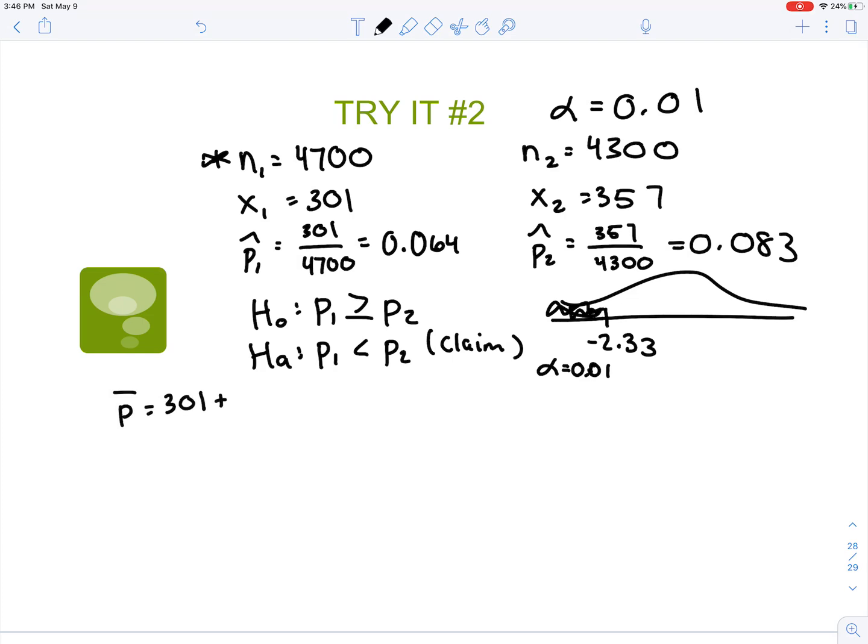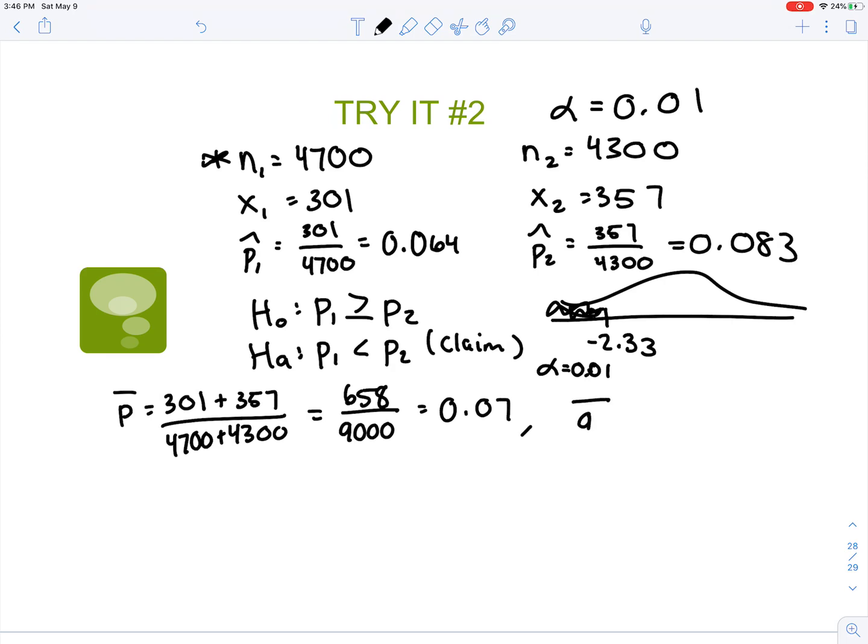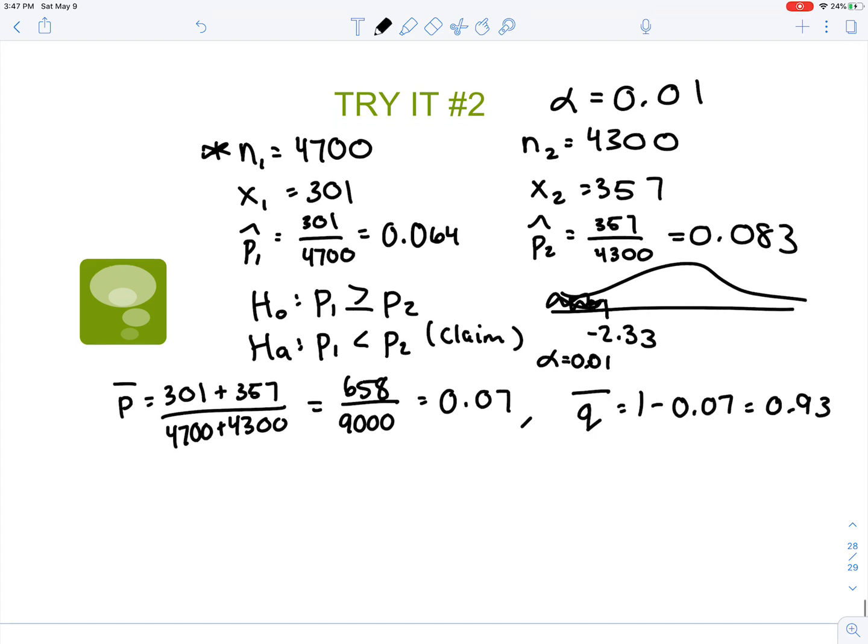Start by finding your p bar, x1 plus x2 divided by n1 plus n2. Which means our q bar is 1 minus 0.07.